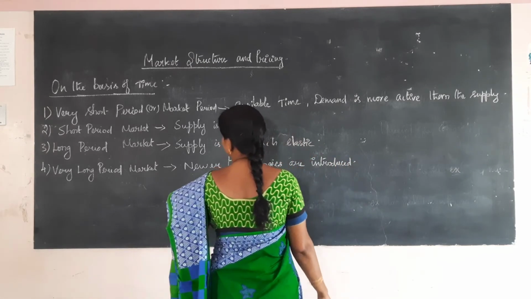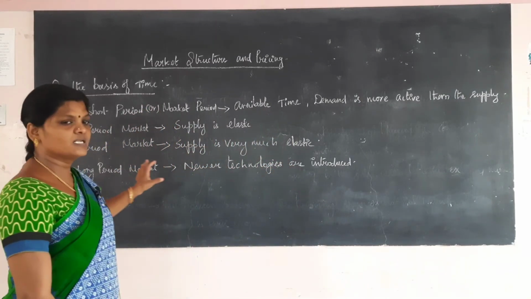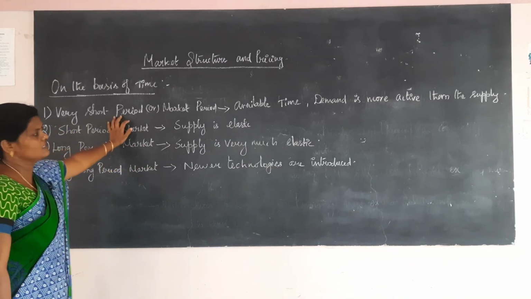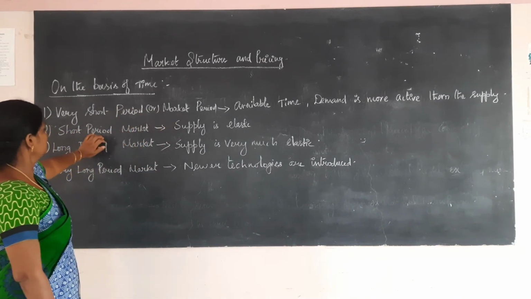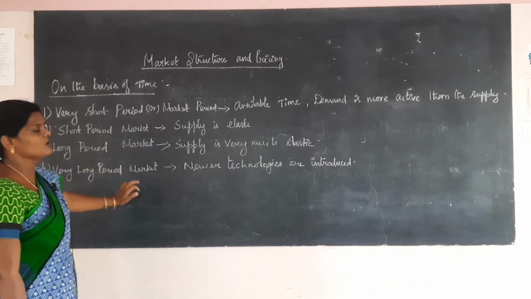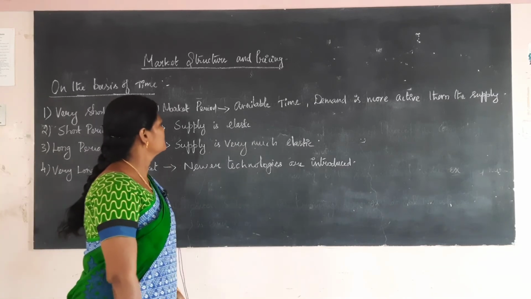On the basis of time, we can classify market into four. They are very short period or market period, then short period, then long period and very long period market. In very short period, market period means available time.